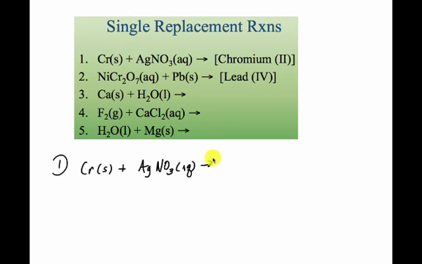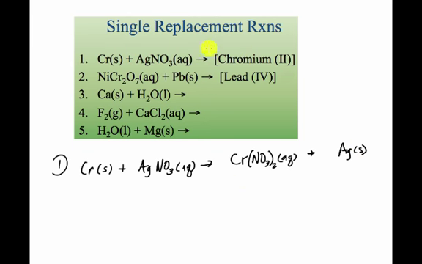So I'm going to go ahead and write chromium. But wait a minute, it's a multiple charged ion. Which ion do I use? That's what I'm telling you here. Use the chromium 2 ion. So therefore, nitrate, balance the formula, 2, aqueous, and then I would have silver solid coming out.